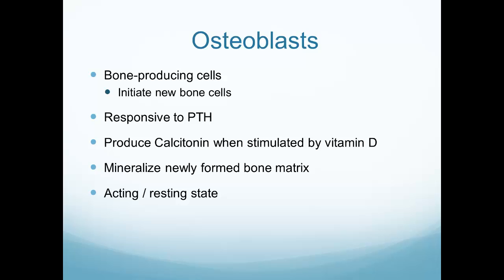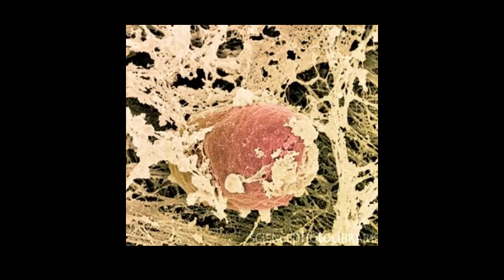They produce calcitonin when they're stimulated with vitamin D, rather. And vitamin D is one of those vitamins that we can take in the diet, but we can also manufacture it by exposure to sunlight. They help to mineralize our newly formed bone matrix, and then they help to build the patient's bone.